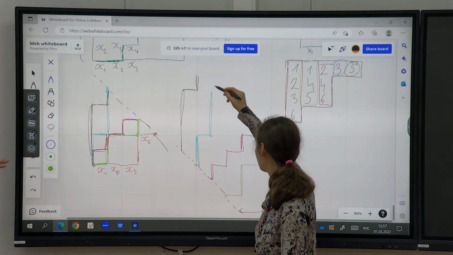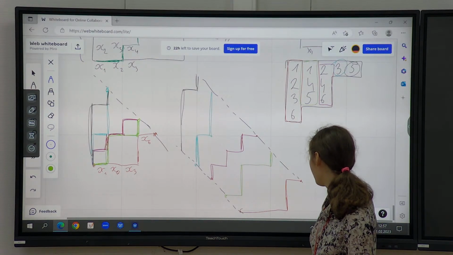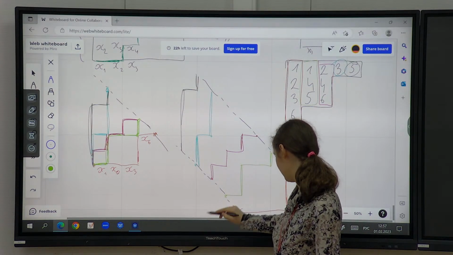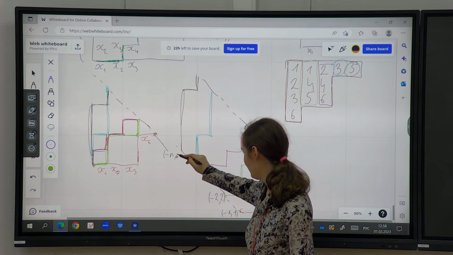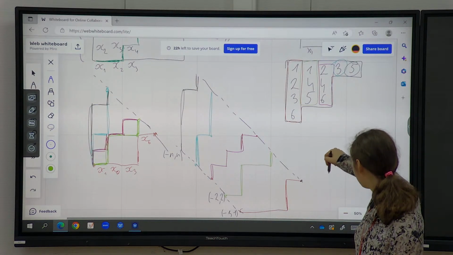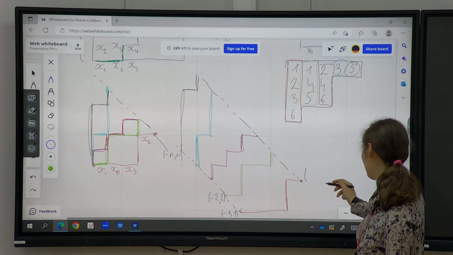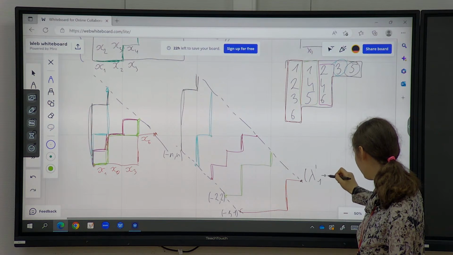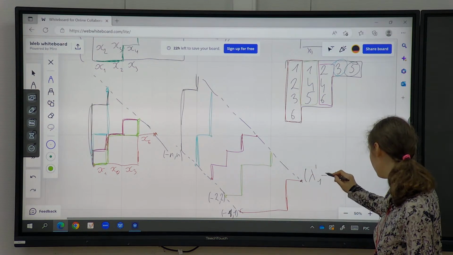So the number of horizontal steps is the length of the column. So we start at minus 1, 1, minus 2, 2, minus n, and the number of horizontal steps are the length of the columns, so they end at something like lambda 1 minus 1.